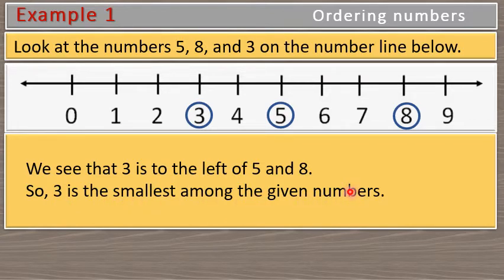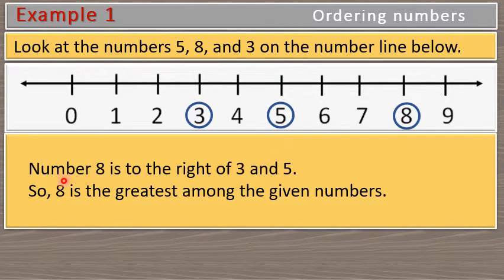We know that on a number line, a number to the left of any given number is smaller. Therefore, here among these three numbers, since 3 is towards left of both 5 and 8, 3 is smaller or less than 5 and 8.